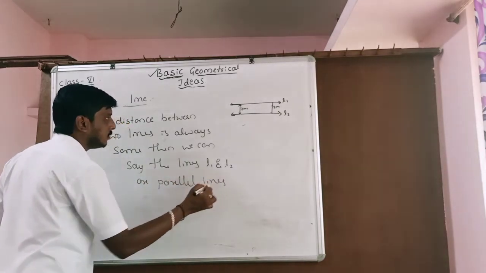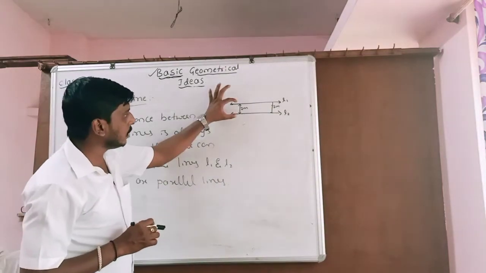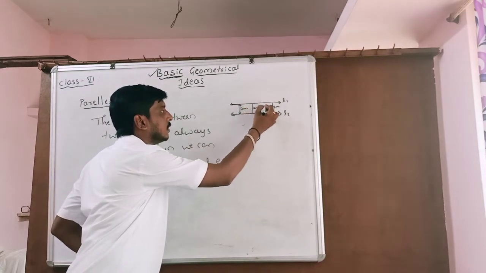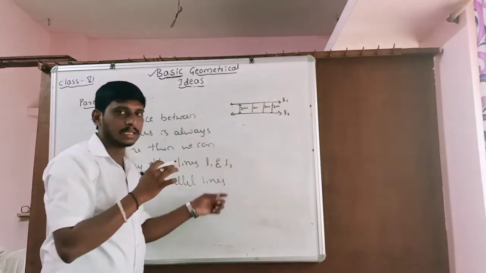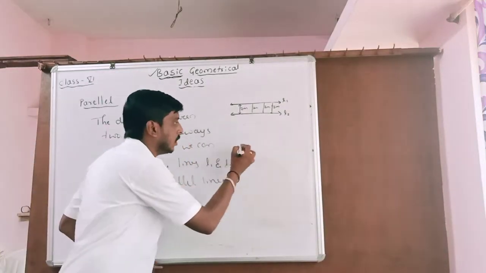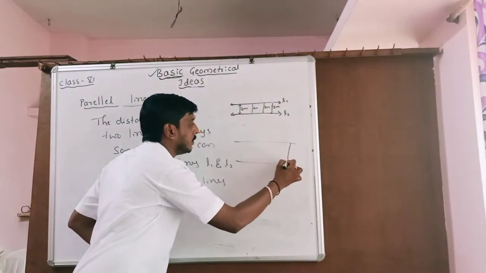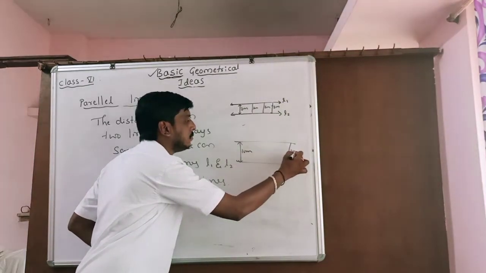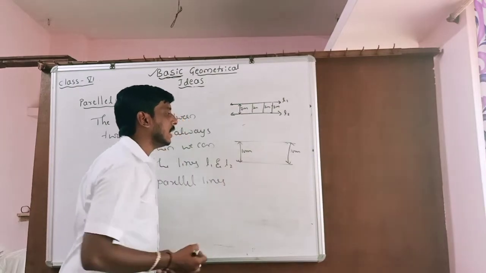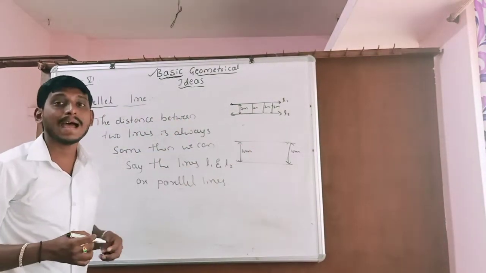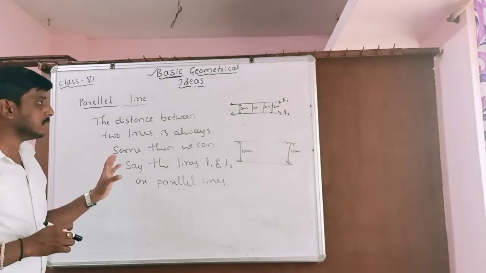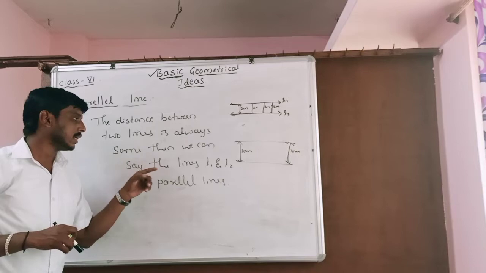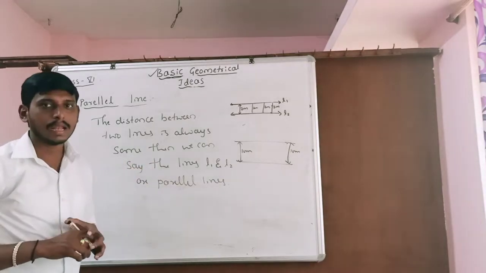What do you mean by parallel lines? If the distance between two lines is always the same, then the lines L1 and L2 are said to be parallel lines. Here also 2 meters, here also 2 meters. For example, if the distance is 10 meters here and 10 meters here, then we can say the two lines are parallel lines.